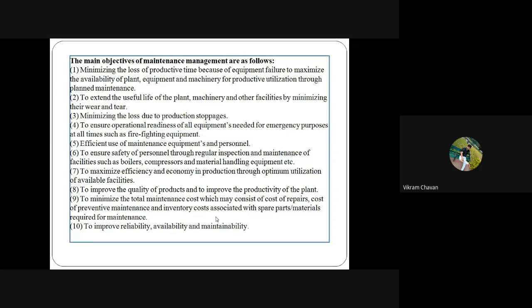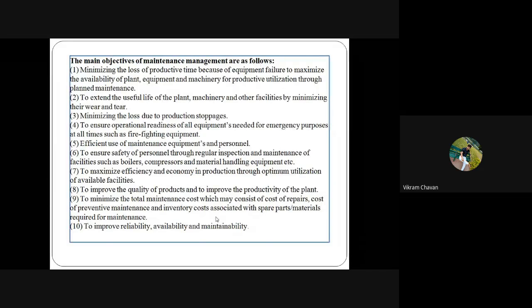So, maintenance of boilers, compressors and material handling equipment. If your material handling equipment fails, and your company is producing heavy materials or heavy products, then there is a possibility of loss of production time, or an increase in downtime. Then, to maximize the efficiency and economy in production through optimum utilization of available facilities.